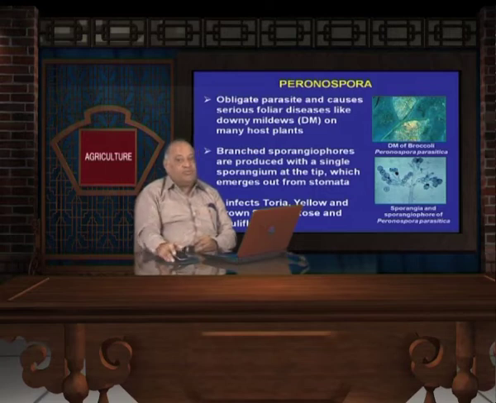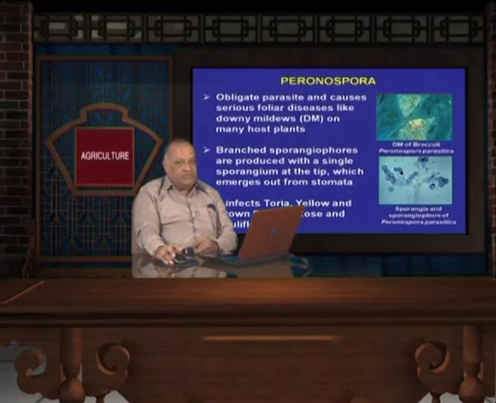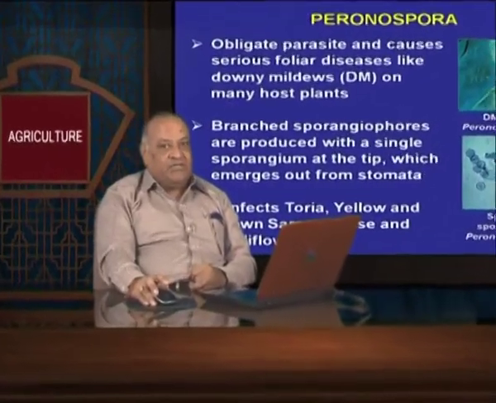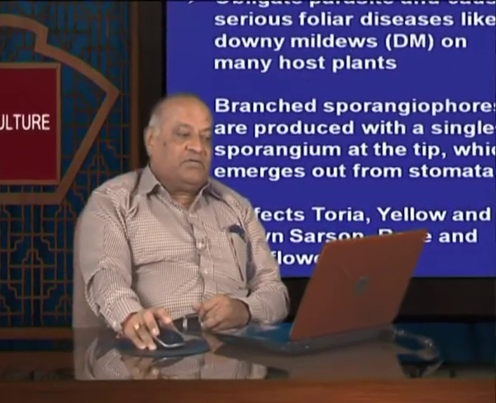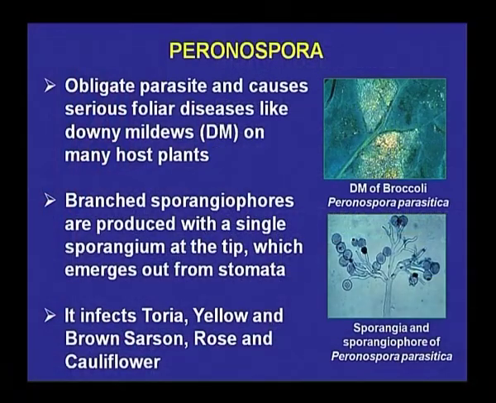Then the second most important genus we are taking is Peronospora. Peronospora is also causing very destructive diseases, especially the downy mildew, and it is an obligate parasite. It causes serious foliar diseases on many host plants. Here we see the downy mildew in broccoli caused by Peronospora parasitica.